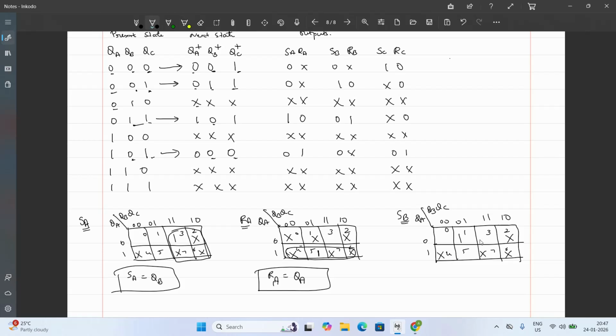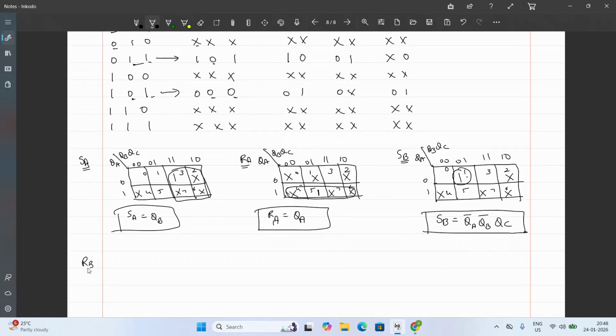So here you don't have an option for a quad or pair. It's going to be a single value. There is no adjacent cell which is X. You don't have an option to group it with anything. It's going to be a single value whose answer will be QA bar, QB bar, QC. You cannot pair this and this, they are not adjacent.